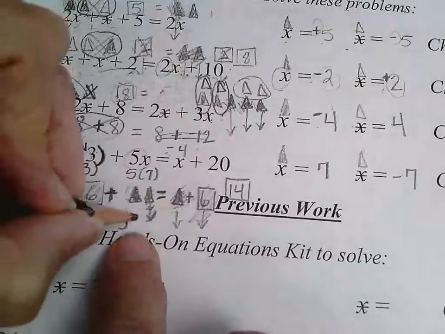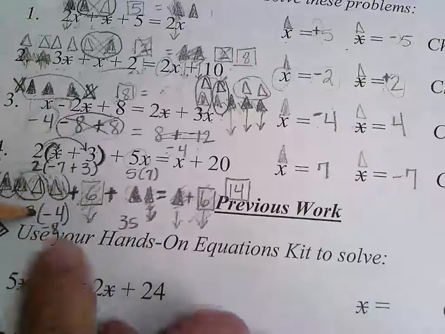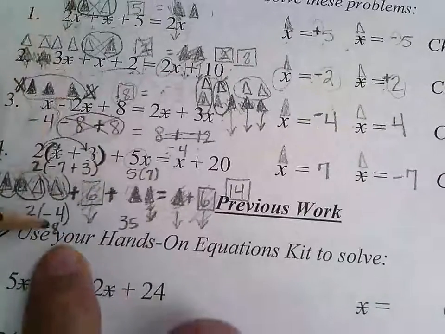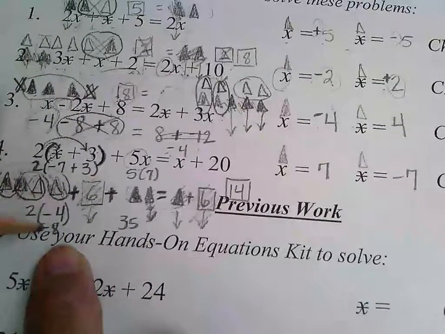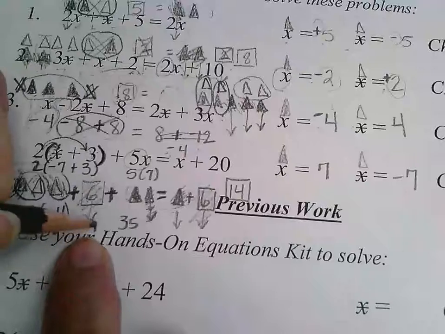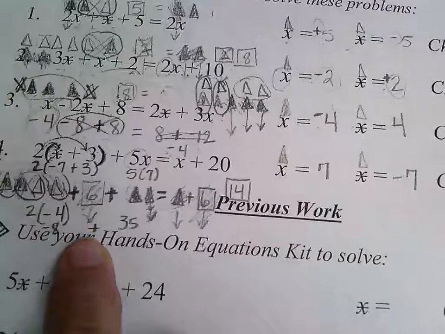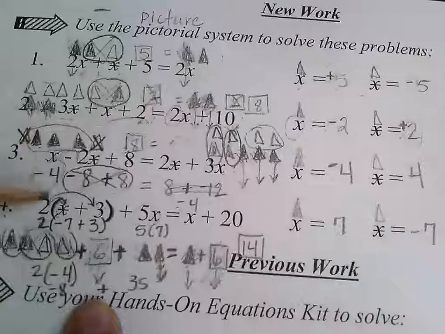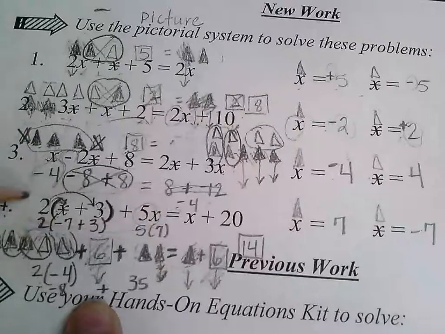So I'm going to have 35 right here, and I have -8 down here. So -8 plus 35 is going to give me 27. So on this whole side of the equal sign, I have a value of 27.